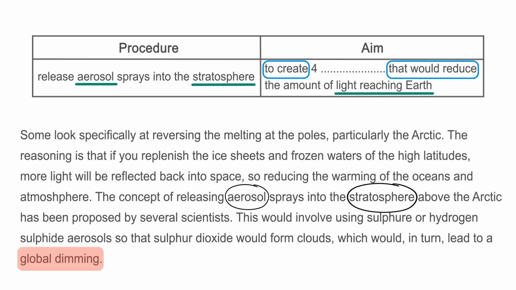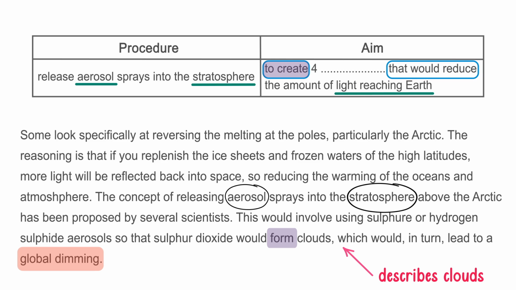Now let's read again. Try to find a word or a verb that is a synonym for create. We have the word form. Form means to create, right? So forming what? Form clouds. And this is very important here. After clouds, we have a comma and we have which would. So this sentence describes the cloud.